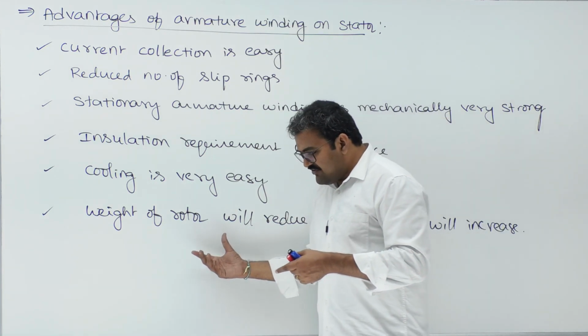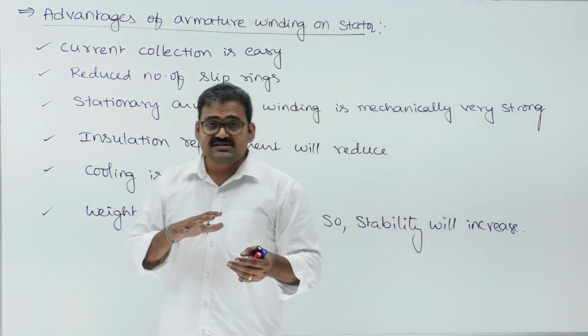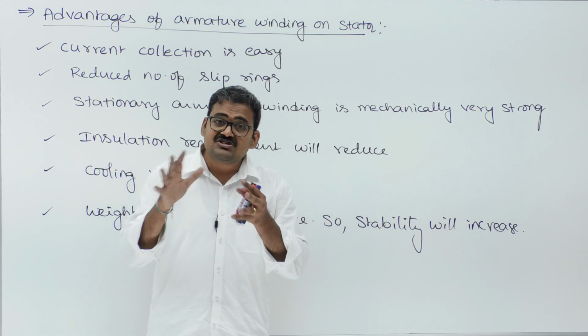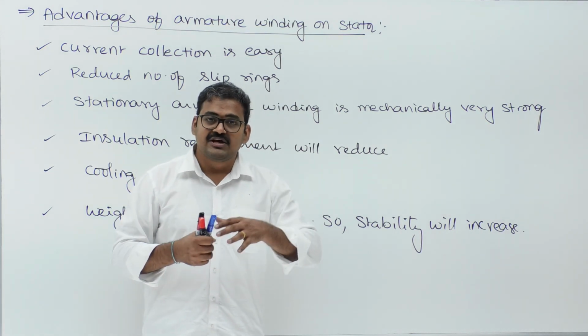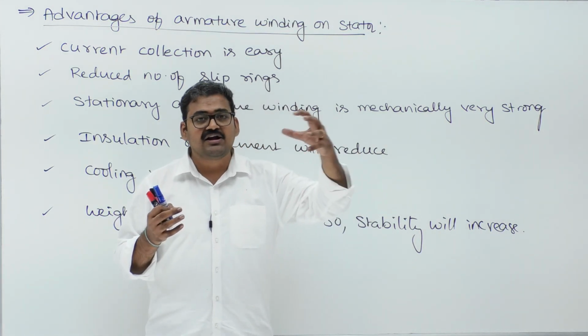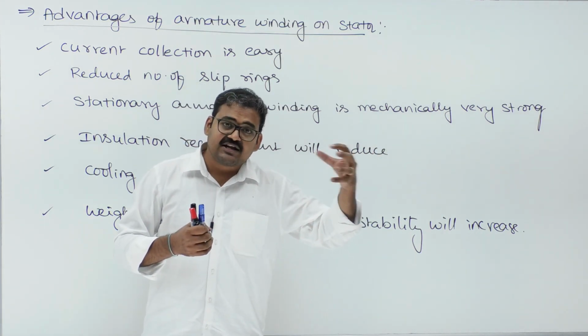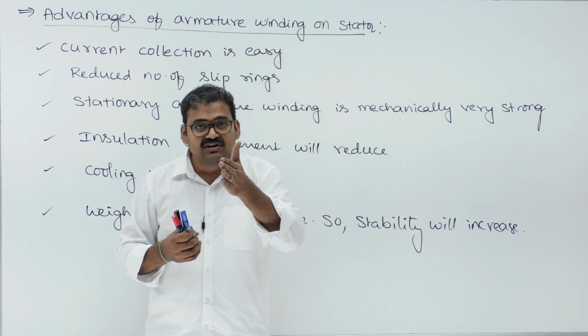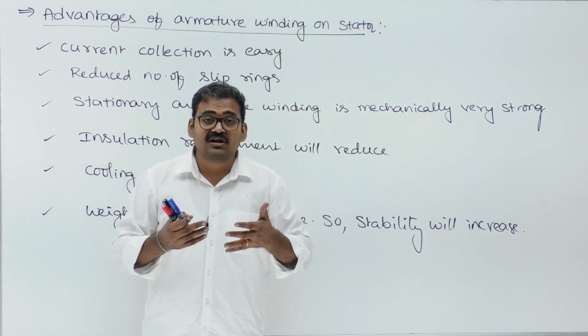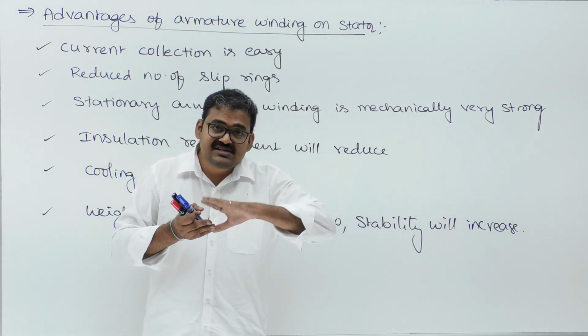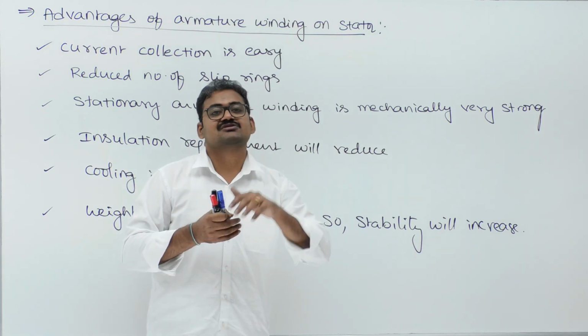Tell me one thing, if weight is very less, can I say the rotor speed can be adjusted very easily? Suppose there is a sudden load added on the machine, load means opposing torque. When there is a sudden opposition, the rotor speed will reduce. But as the rotor weight is very less, you can easily adjust the speed back to synchronous speed.